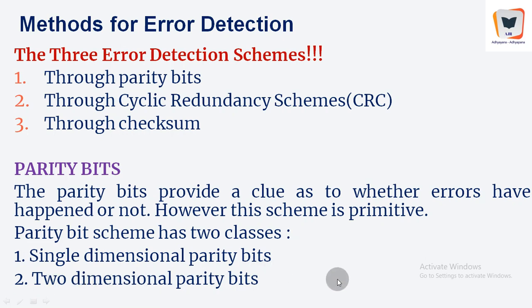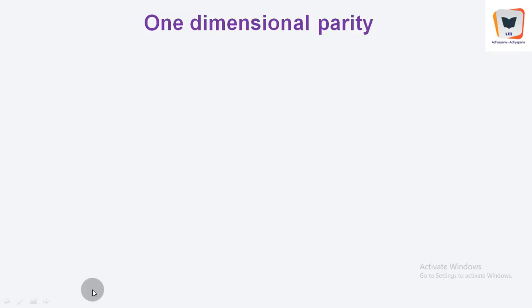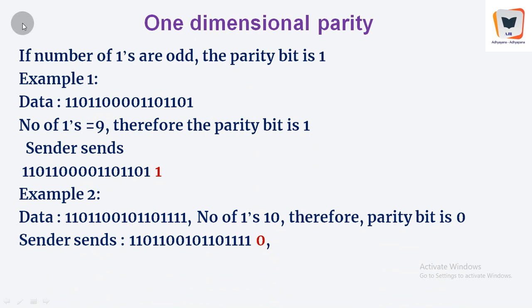The parity bit scheme comes in two types: single-dimensional parity bits and two-dimensional parity bits. In one-dimensional parity, one bit string is taken and the number of ones is counted. If the number of ones is odd, then the parity bit is 1, because it requires a 1 in order to become even parity.